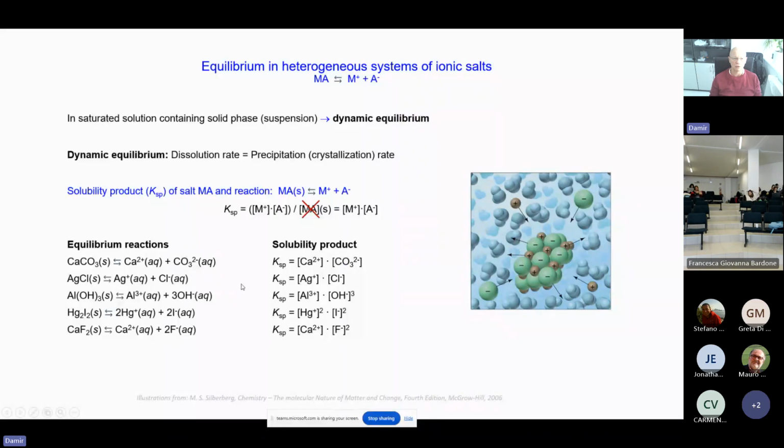Similar is silver chloride, but for example aluminum hydroxide dissociates into 1 aluminum ion and 3 hydroxide ions. So the solubility product is defined as the activity of aluminum times the activity of hydroxide cubed. Similar is for calcium fluoride, for example.